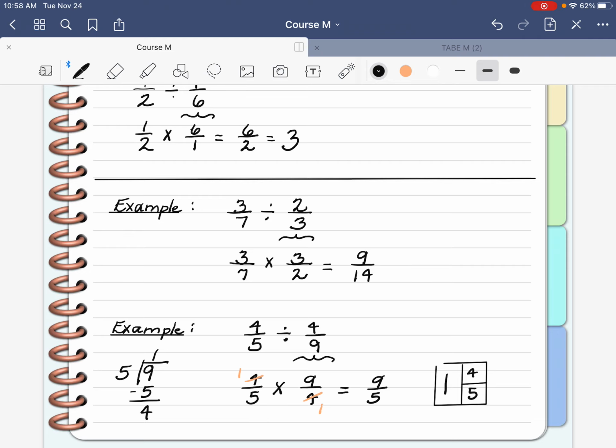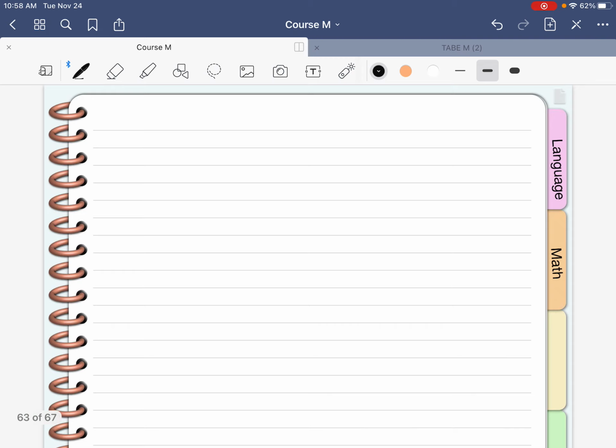Okay, a few more just to really nail this process down, because this is the last time we will be working on the division of fractions. Here's another example. 3/15 divided by 2/9.